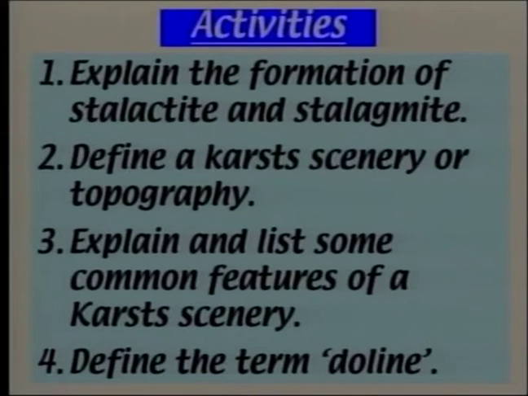Number 3, explain and list some common features that are found in a karst scenery. Make a list of some of the features that we've looked at, and as much as possible, see if you can explain what they are and how they are formed. And number 4, define the term doline.